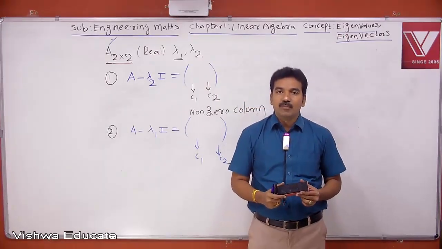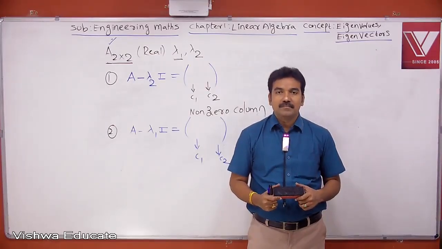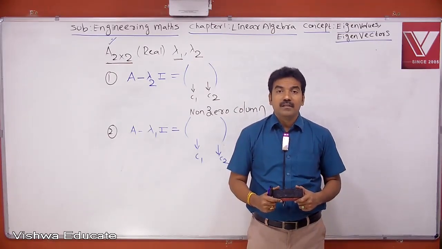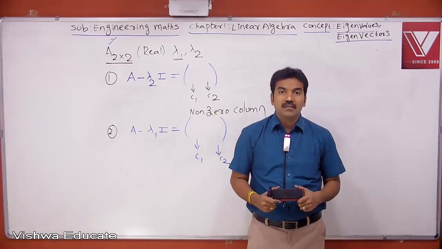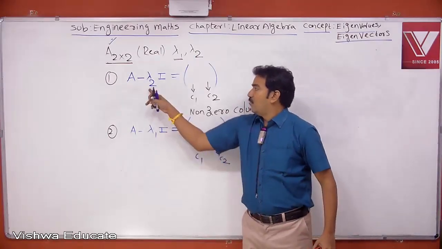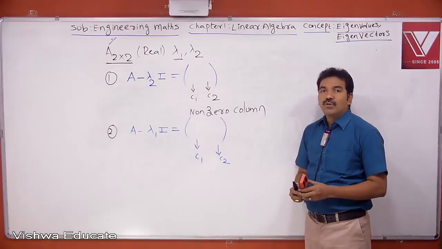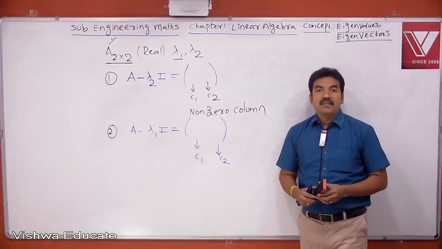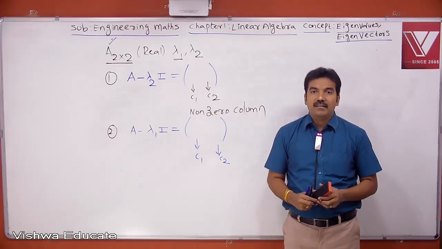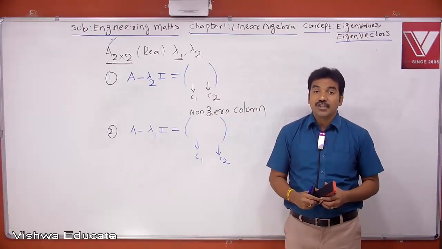If A is a 2 by 2 real matrix having eigenvalues lambda 1, lambda 2, then point number 1, the non-zero columns of A minus lambda 2 I are nothing but eigenvectors of A with respect to lambda 1.